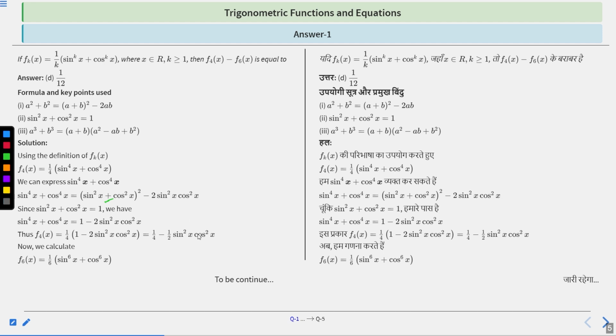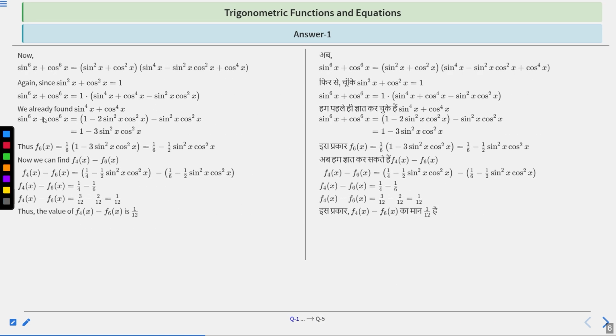Now we calculate f_6(x), which is equal to 1/6 (sin^6 x + cos^6 x), right? Now we can calculate sin^6 x plus cos^6 x by converting it in terms of a cube plus b cube, where a is sin square x and b is cos square x. So a cube plus b cube is (a plus b) into (a square minus ab plus b square).